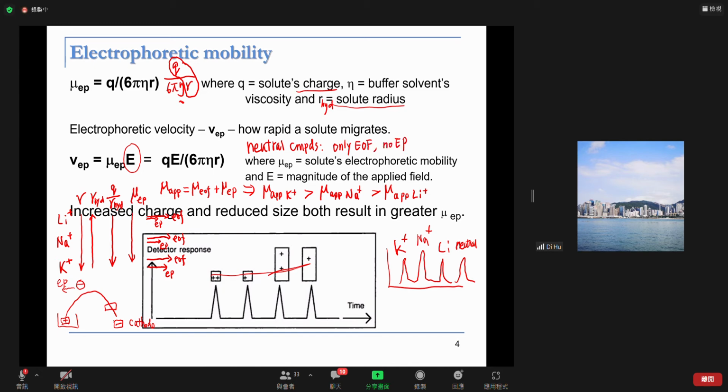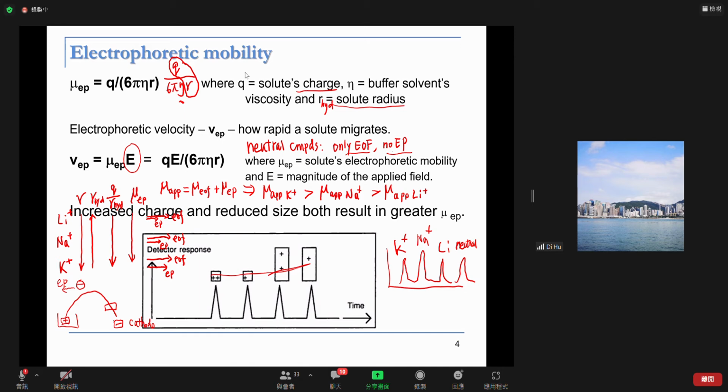The reason for that is because they have no charge. So that's why they cannot be separated, because there is no EP, but they can travel to the end. Understand now? Okay, so that is one thing. Very good. You guys understand this perfectly.